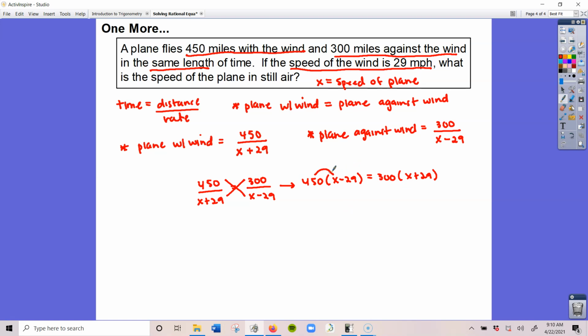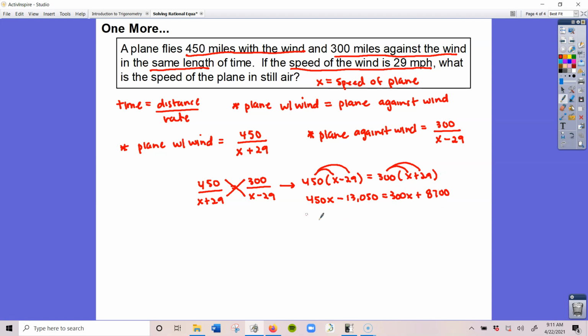Distribute the 450, and we get 450x minus 450 times 29 is 13,050. And that's going to equal 300 times x, which is 300x, plus 300 times 29, which is 8,700.